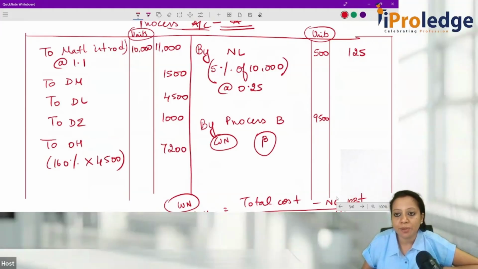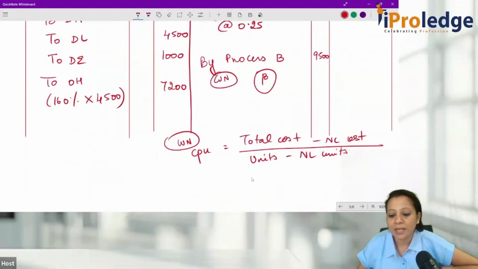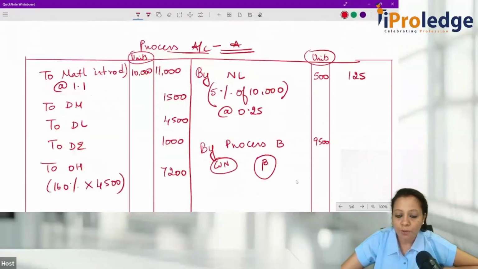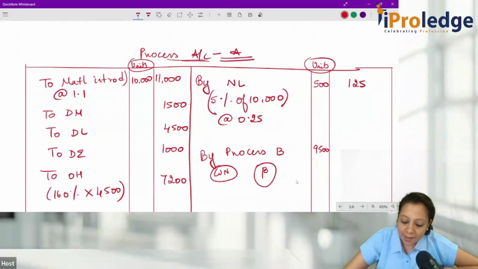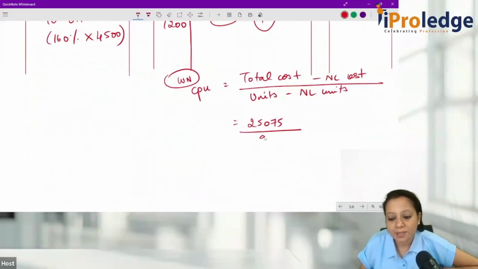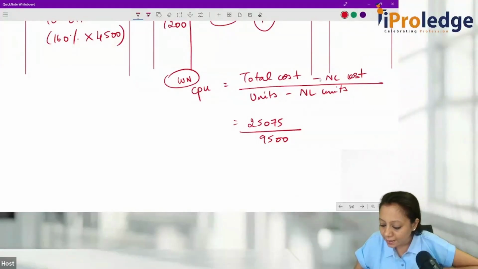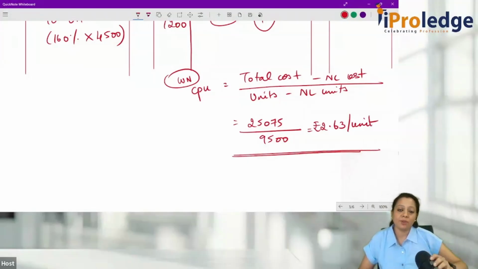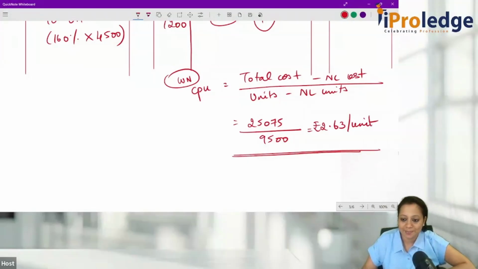So the total is 25,200 minus 125, which is 25,075. So 25,075 is going to be the numerator. Denominator, total number of units was how much? 10,000 minus 500, that means 9,500. Already we have written all this. So it is going to be 2.63 rupees per unit. This is how we will do the calculation. That is why we have learned it as part of our format also.